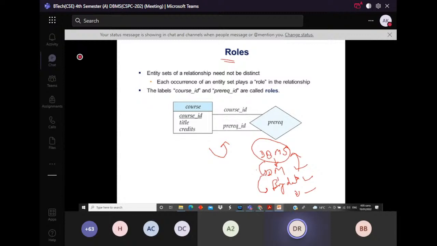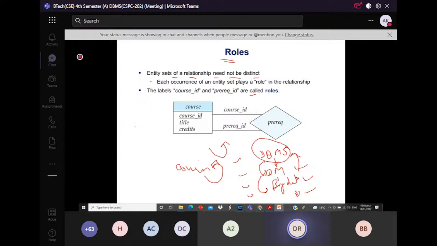All these courses belong to the course entity, but each course has a prerequisite that belongs to the same type of entity. So a particular entity has different roles. You can say the entity sets of a relationship need not be distinct.